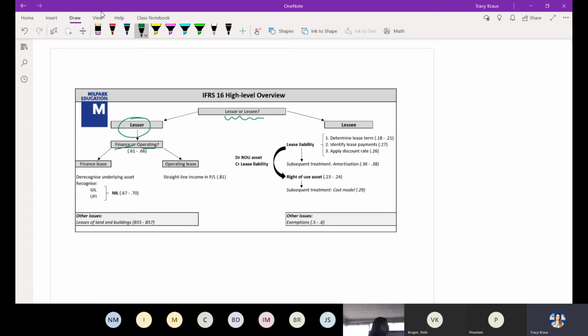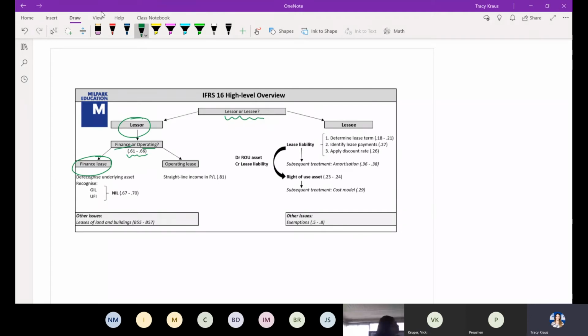In a finance lease, and remember there are these paragraphs that give us guidance on distinguishing between a finance and an operating lease, we are saying that the risks and rewards of ownership associated with the asset have transferred. Although we haven't legally sold the asset, although we haven't transferred it in the legal sense, we've given away the substance of the rights and rewards of ownership in terms of this lease, and we've given that to the lessee.